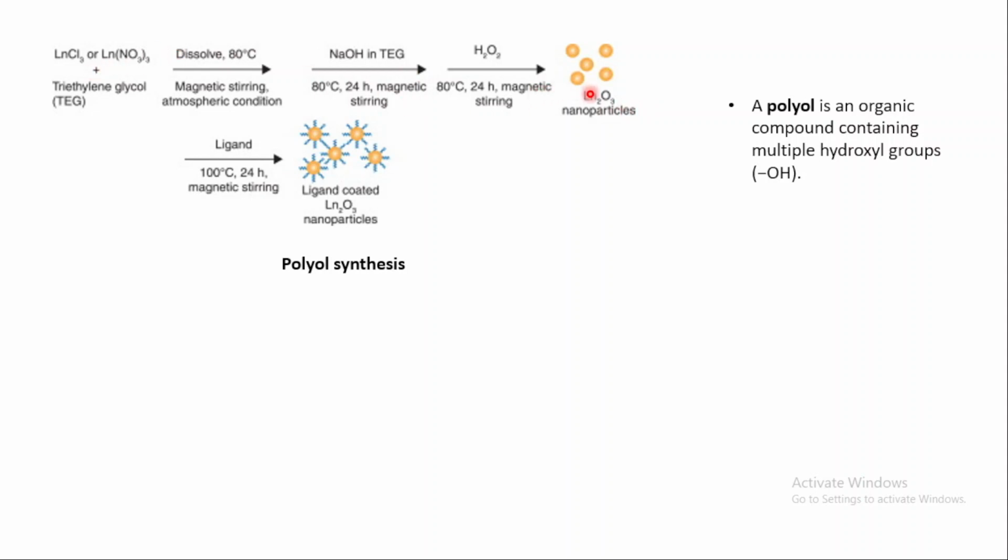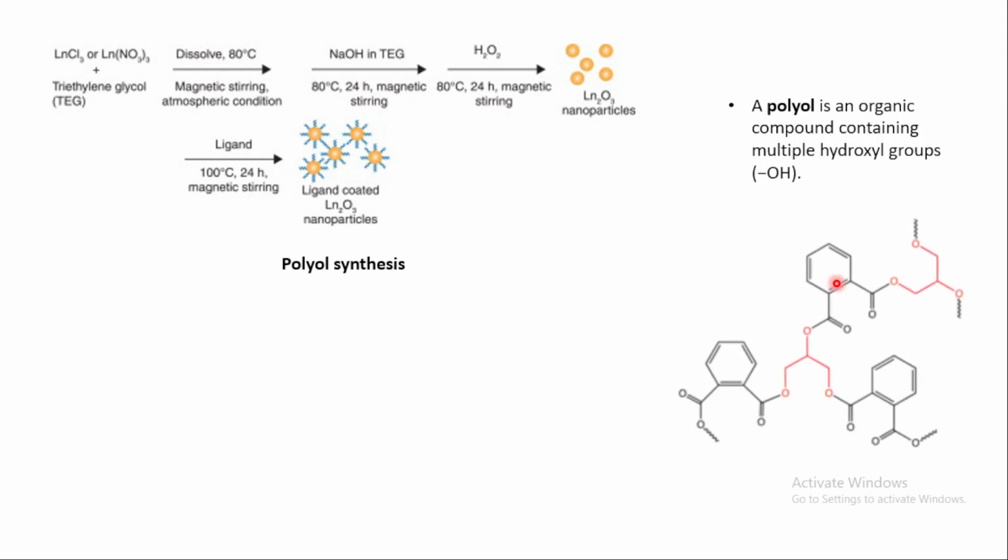Then these metal oxide nanoparticles are further used with a ligand to coat the nanoparticles, so they become ligand coated lanthanum oxide nanoparticles. So this is the process of polyol synthesis in which we use a polyol, triethylene glycol, to synthesize Ln2O3 nanoparticles.